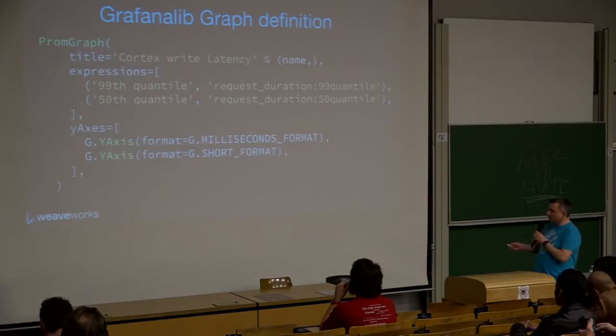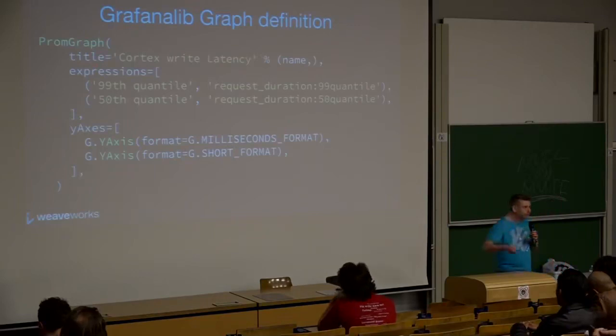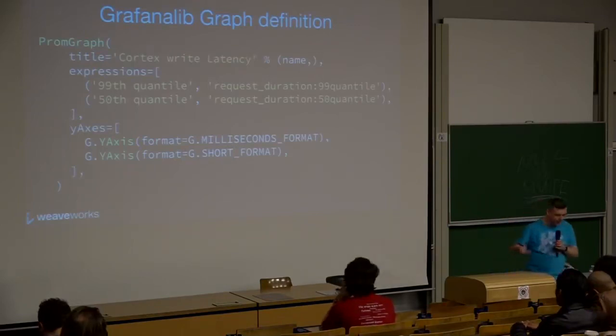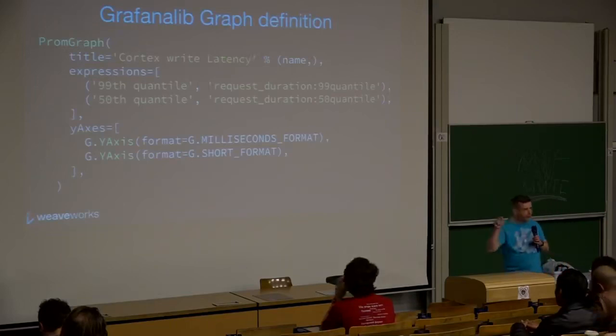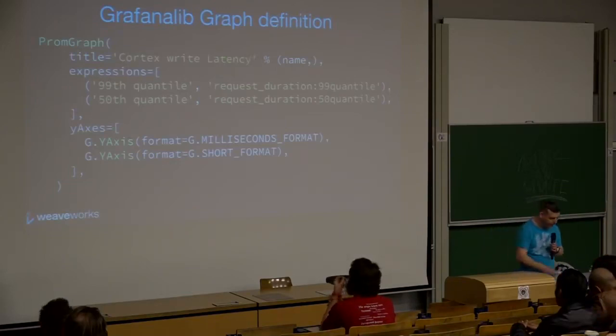You can say I've got a graph, and the graph has a title, and the graph has some PromQL expressions, and then I want it in milliseconds. There are hundreds and hundreds of constants and a few dozen functions defined, so that instead of pointing and clicking to create your dashboard, you just type this stuff into a file and run the generator in your CI, hopefully.